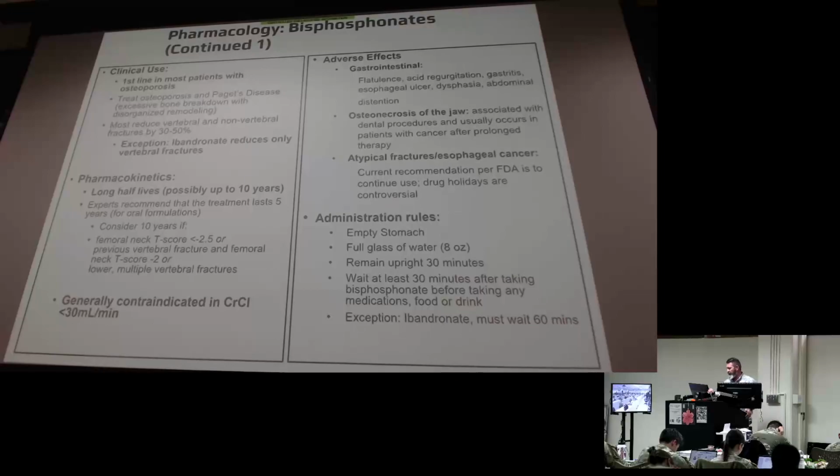So first line in patients with osteoporosis, highly effective at reducing both vertebral and non-vertebral fractures. So that's important. When we talk about some of the other classes of medications, we're going to discuss if they prevent fractures or worsening osteoporosis in the vertebra, or the hip, or only the hip, or only the vertebra.